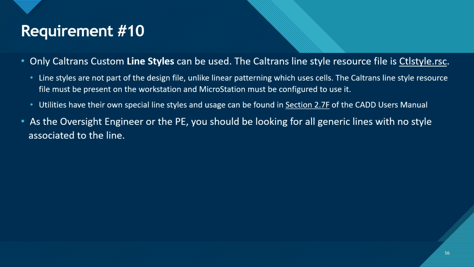As the Oversight Engineer or the PE, you should be looking for all generic lines with no line style associated to that line. For example, barrier has a specific look to the line style. If a barrier line is just a continuous line with no style associated with it, that is a red flag. The consultant may not be using the line style resource file.